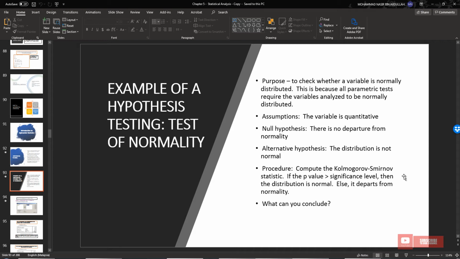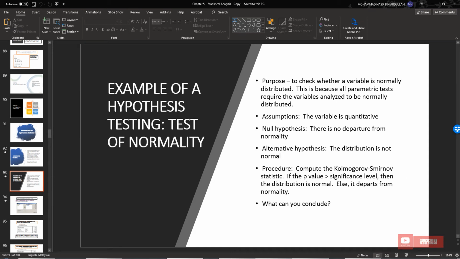So we usually test normality distribution on a continuous quantitative variable. For categorical variables such as nominal scale and ordinal scale, we don't need to test normality because they will not be normal.